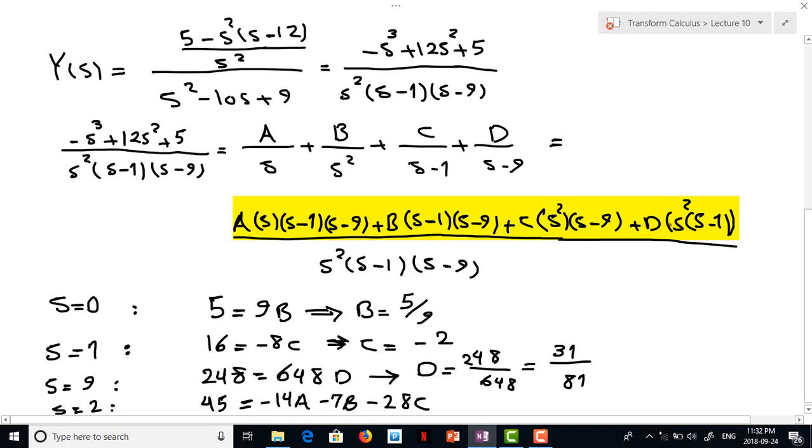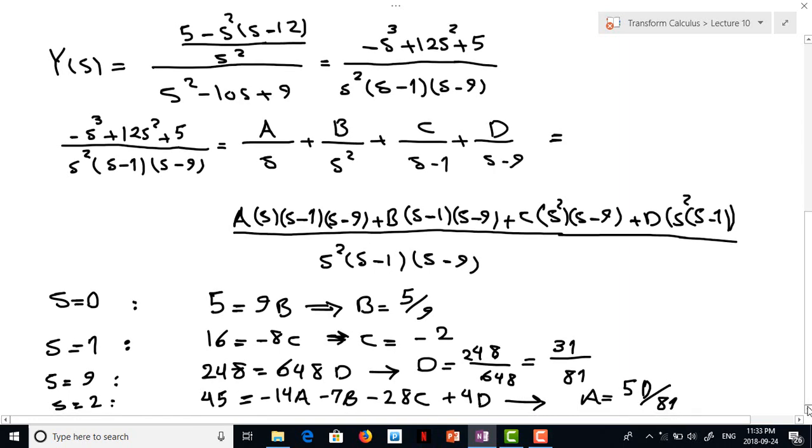Plus for d, s is 2, 2 times 2 squared is 4, 4 times 1 is 4, so plus 4d. We already know b, c, and d. As a result, we can easily find a. a is equal to 50 over 81. So we could find a, b, c, and d.